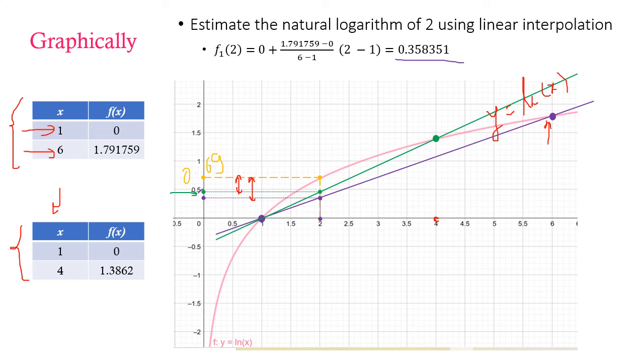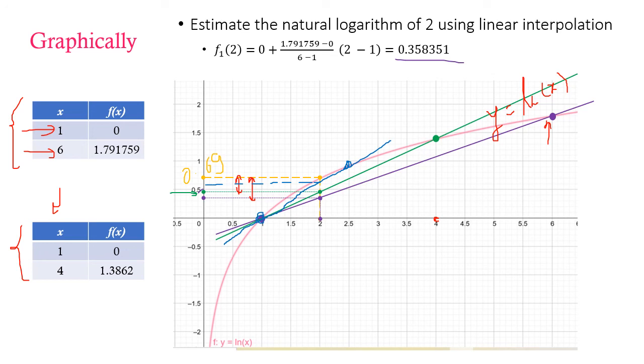So maybe you can still reduce this interval, and we can fit a line that passes through this point and that point. It will give us a better estimate of the natural logarithm of x. And you might be wondering why we are actually using straight lines if we can use the actual function.